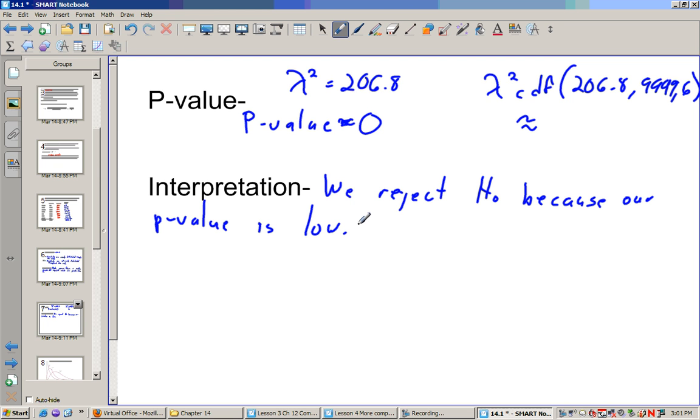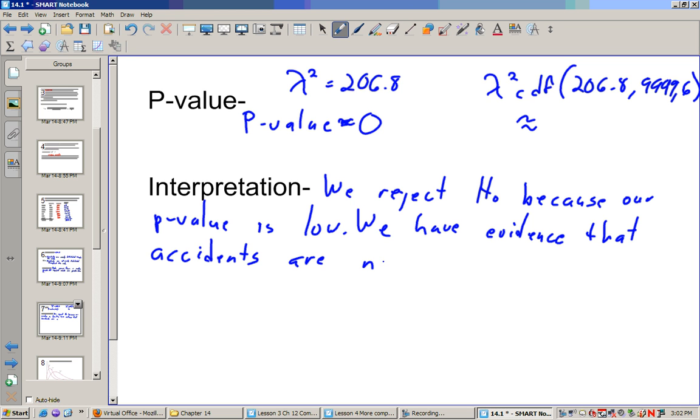So we have evidence that accidents are not distributed evenly throughout the week.